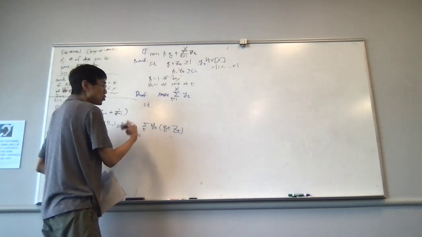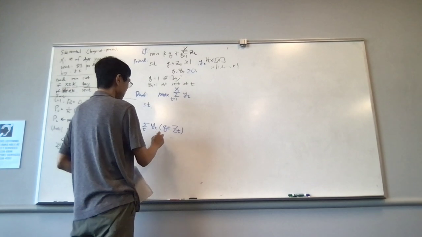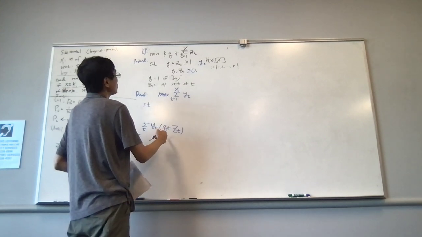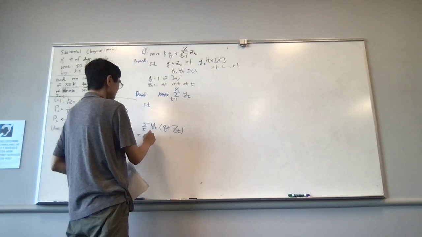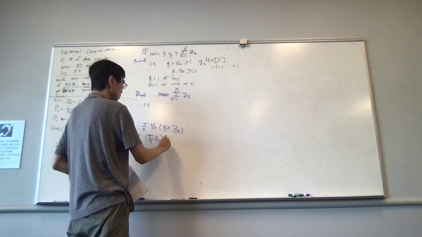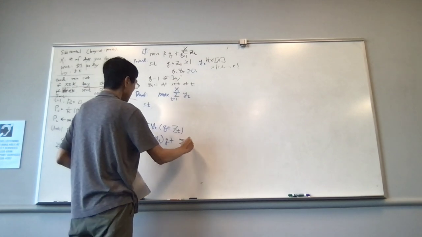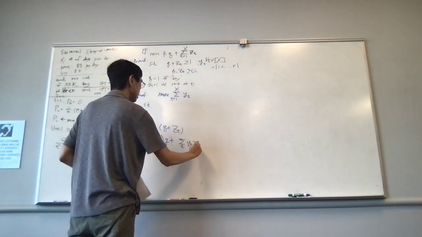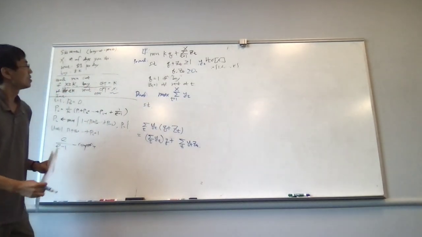Then if I regroup this, I want to rewrite it in terms of the coefficient of Q and the coefficient of Z_t.